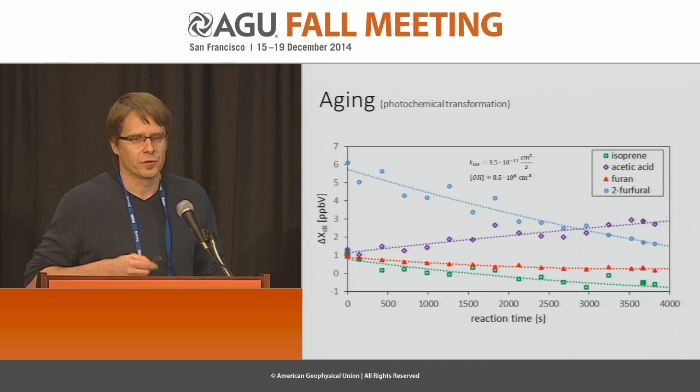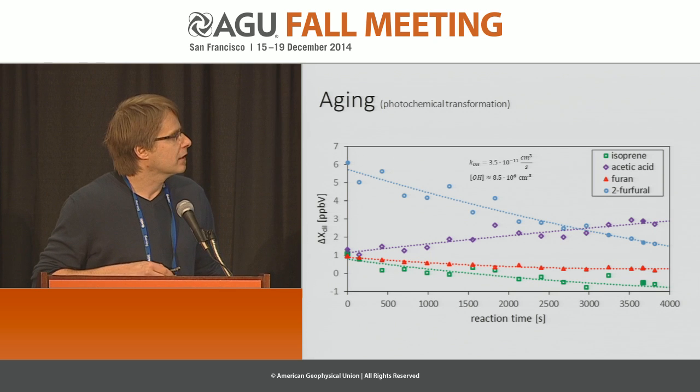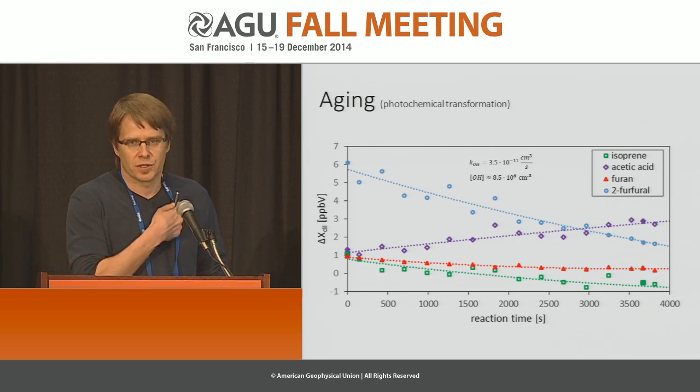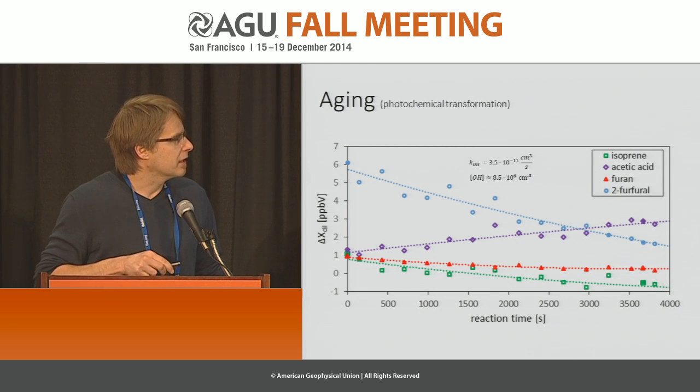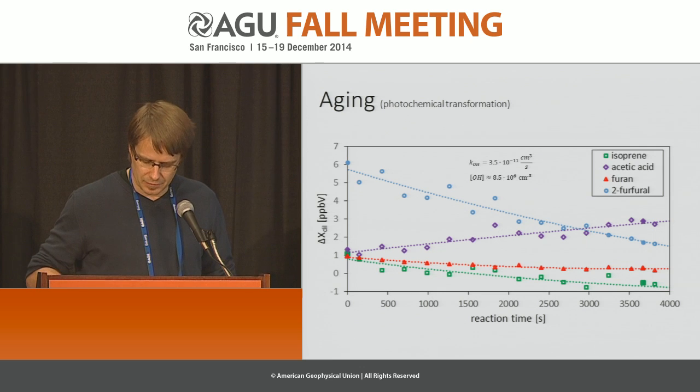And from that we can derive an average OH radical density of 8.5 10 to the 6, which is in good agreement with what people have seen before. And so you see the same thing with the 3 compounds of 4 which I indicated in the list before. So the decay in furan, and decay in isoprene, and the increase in acetic acid.